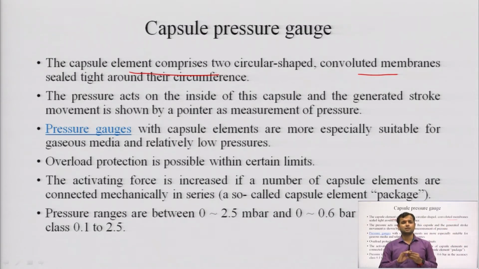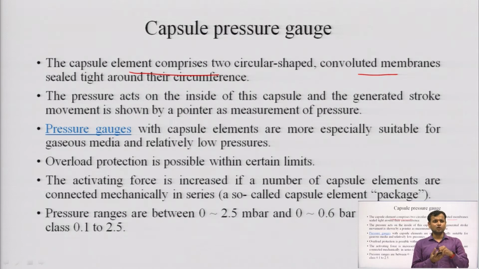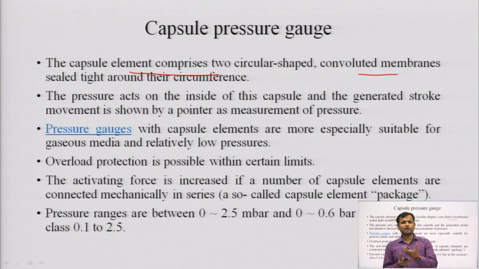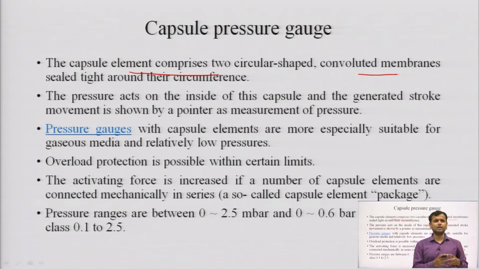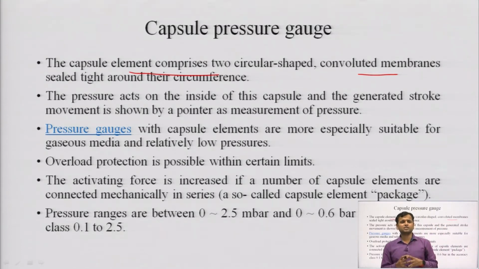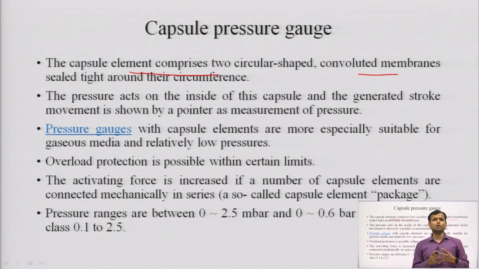When we apply the pressure, there will be a change in the elastic property of the respective transducer, and the change in that elastic property will cause a displacement. That will be converted from one form into another form, and the displacement of the material can be measured in terms of pressure or in terms of displacement. That arrangement can be called a capsule pressure gauge or elastic pressure transducer. So, this is the general classification I have told you.